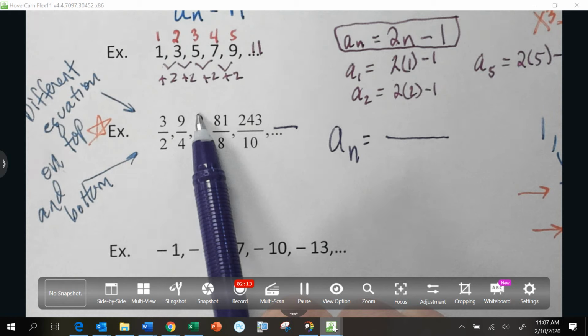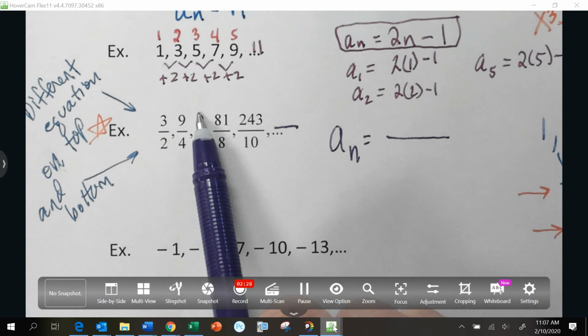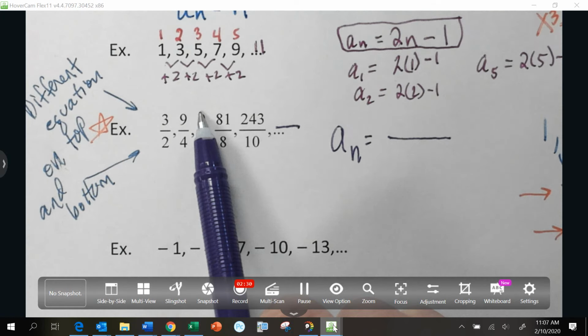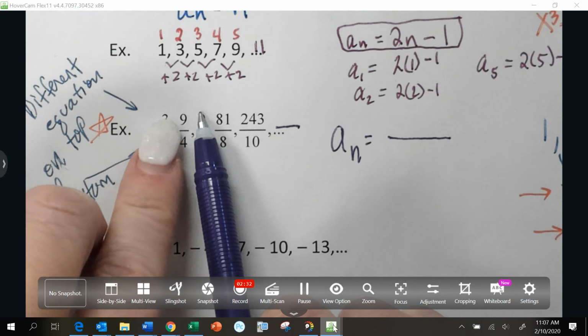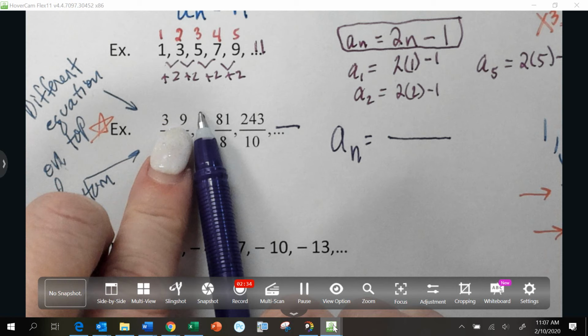Is there some sort of pattern that you notice? You guys know about numbers. What do you know about 3 and 9 and 81 and maybe 243? Sydney, what do you know? They are all multiples of 3. If I factored 9, it would be 3 times 3.